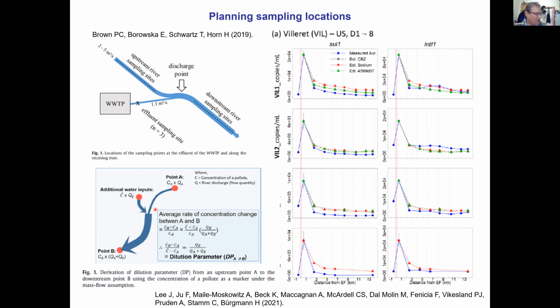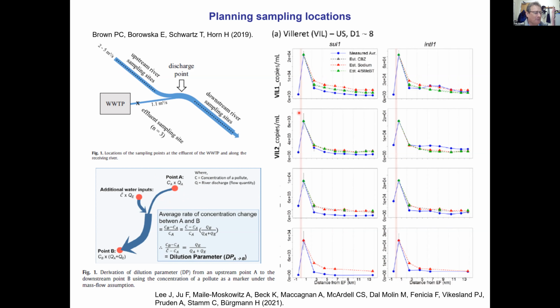A point the other paper is also making here with the dilution factors, this is very nice, but it means that you also have to know the discharge, so have some measure of flow to be able to work out these dilution factors. But I do think this is really useful. And here you can see sampling down the river where they have different sampling points after the point source.